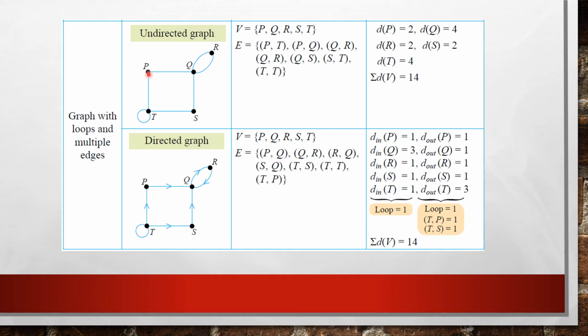You can start either from P or T. So the lines you have are PT, PQ, multiple edge QR, QR, then QS, ST, and the loop TT.